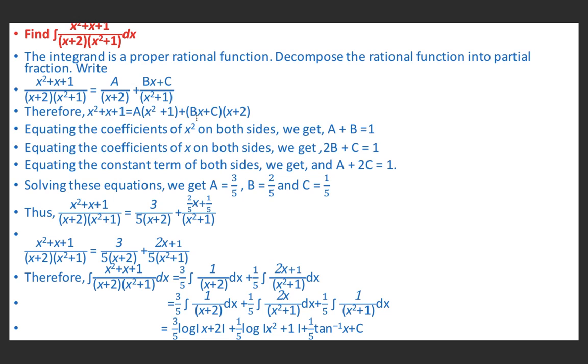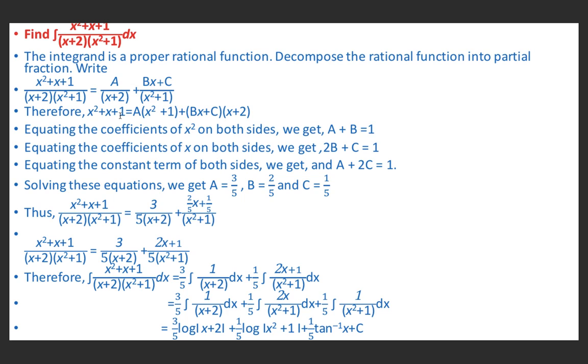If you multiply bx by 2, you get 2bx, so the coefficient of x is 2b. If you multiply c by x, you get cx, so the coefficient of x is c. So here the coefficient of x is 2b and c, and on the left it is 1. So 2b plus c equal to 1.